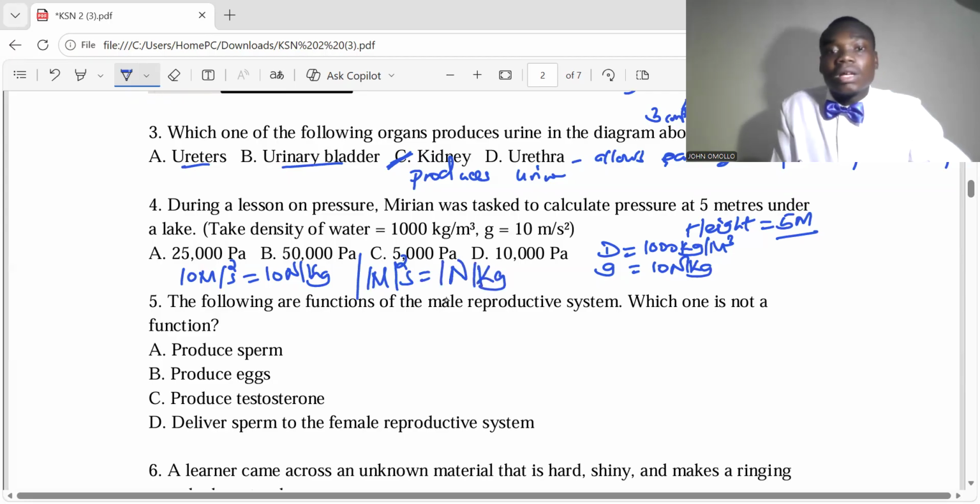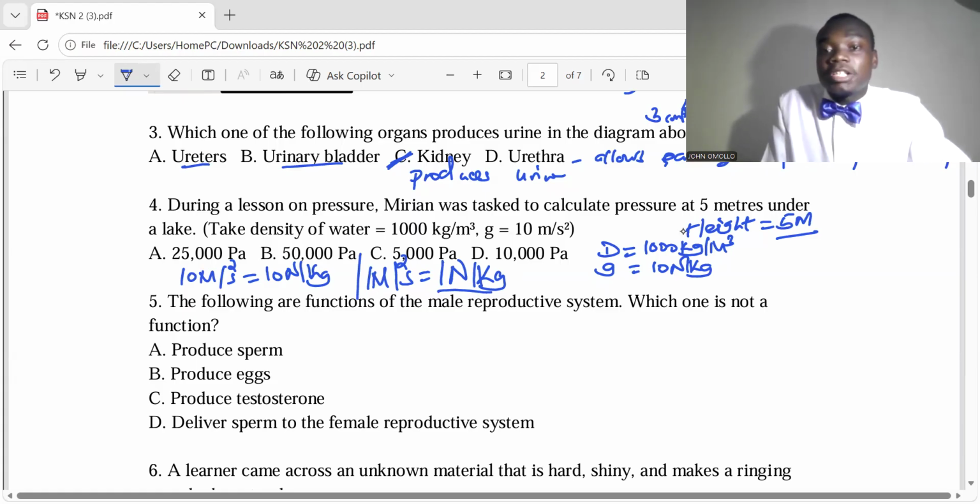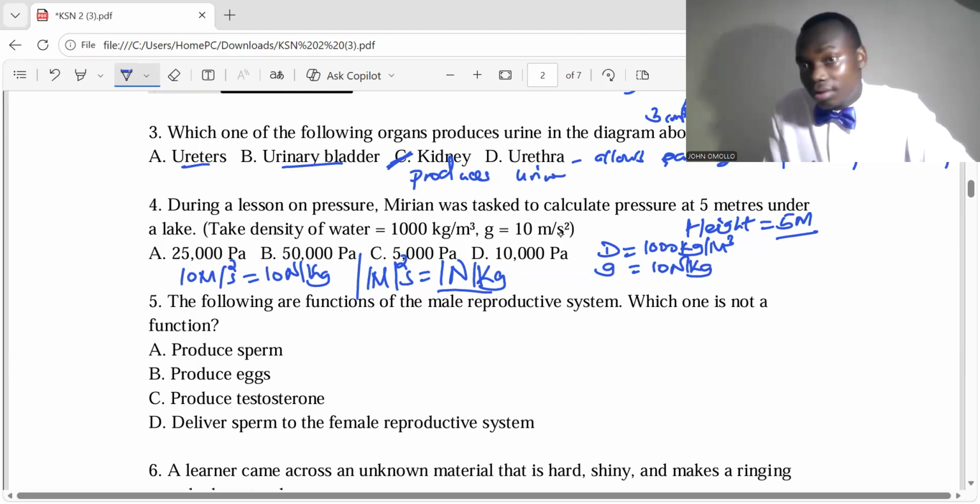Are you getting that? So that is something that you need to know. These are the gravitational force, always in that measurement of acceleration. So when I write 10 Newton per kg, it is the same as 10 meters per second squared.